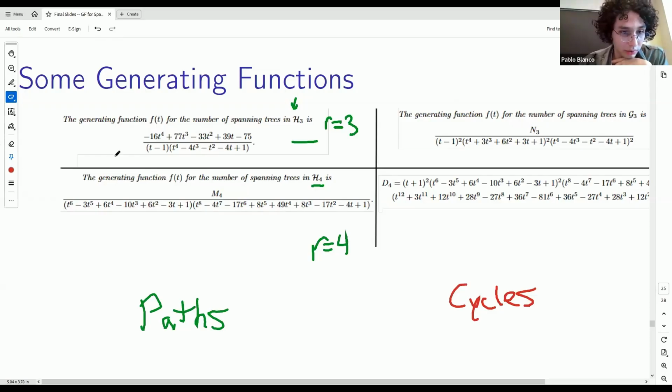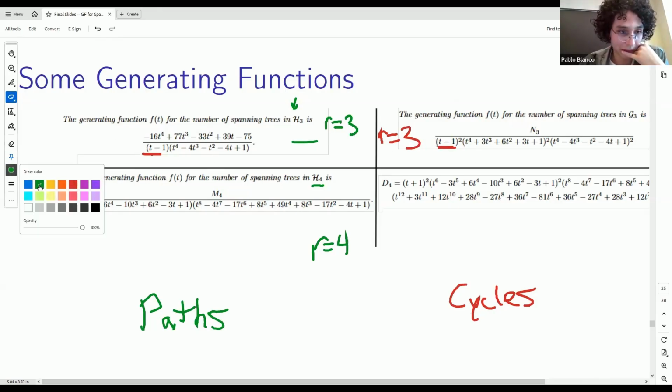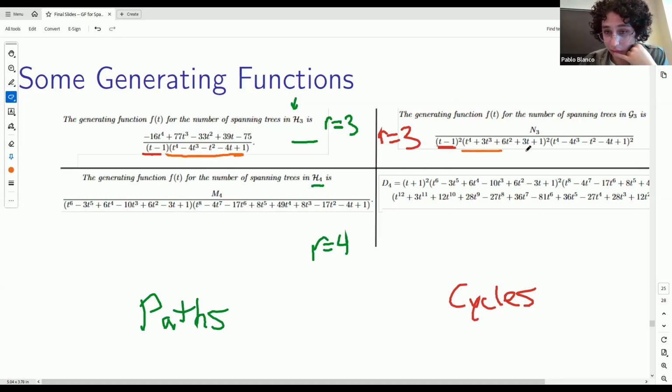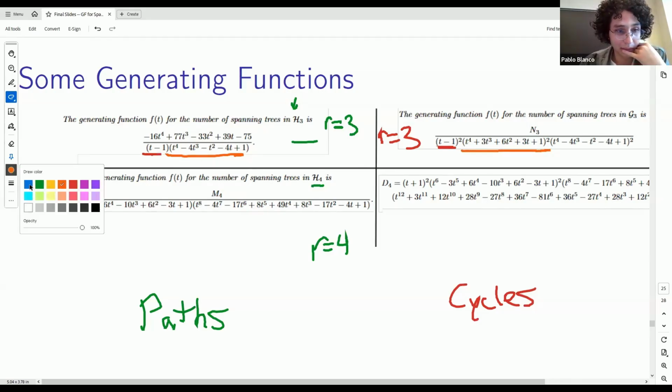And you might notice a few interesting things. If you look at r equals 3 for paths and cycles, you can notice there are some factors in common. I suspect because one is a subgraph of the other. So this is here and that's there. And this happens for all the ones we looked at.